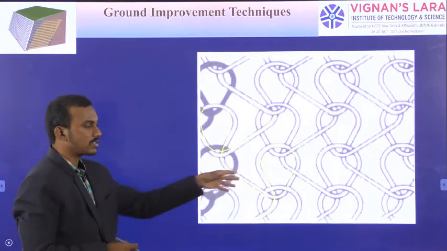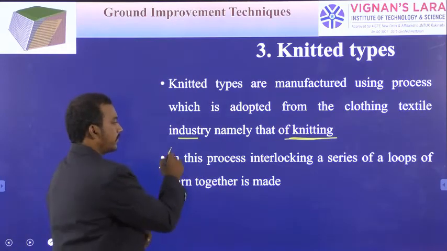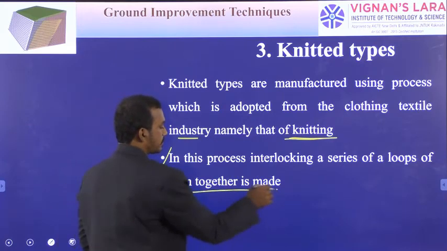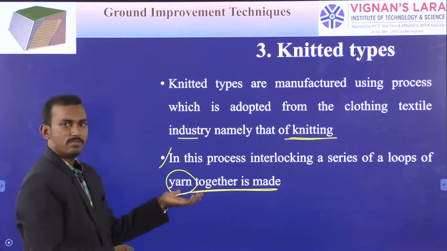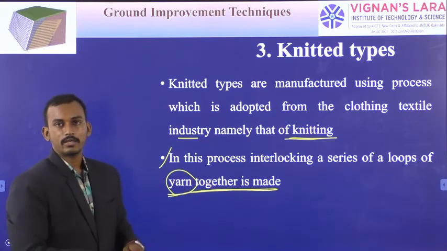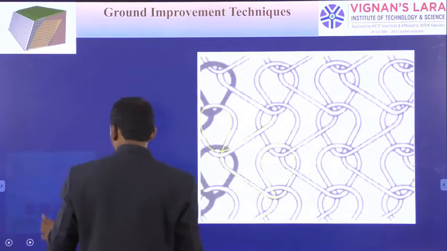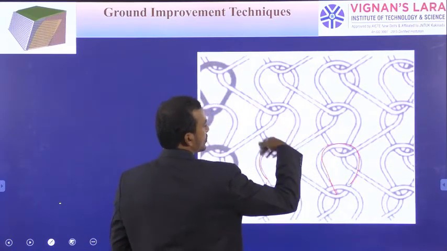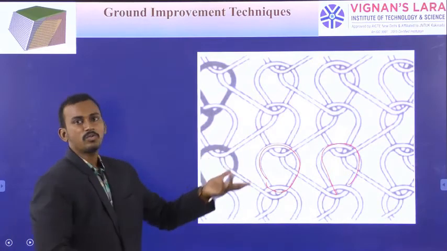So like that, these are also knitted types. In this process, a series of loops of yarns is interlocked together. We know what a yarn is, a product from animals. So it is an interlocking of a series. There are so many interlocking loops. This is a loop, and this is a loop. Like that, there are so many interlocking series of loops.